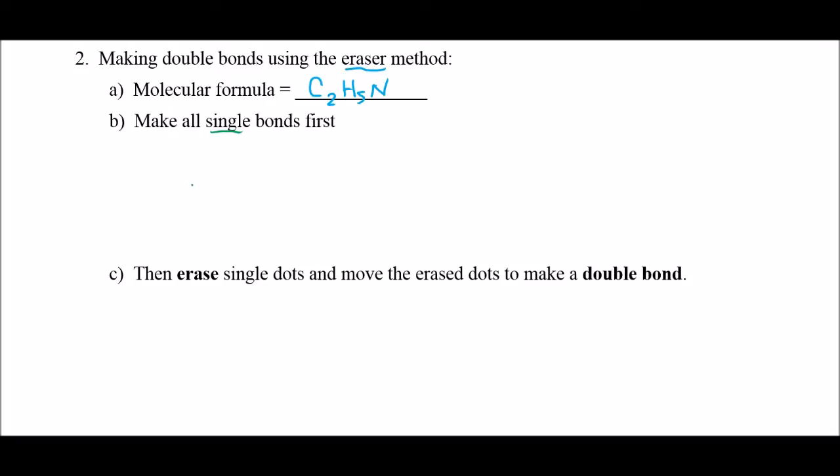So let's try that. Carbon. And then let's put a nitrogen next door. So I have 5 electrons for the nitrogen. You'll notice I'm leaving the hydrogens till the end. This is usually a wise strategy. Here will be my second carbon.